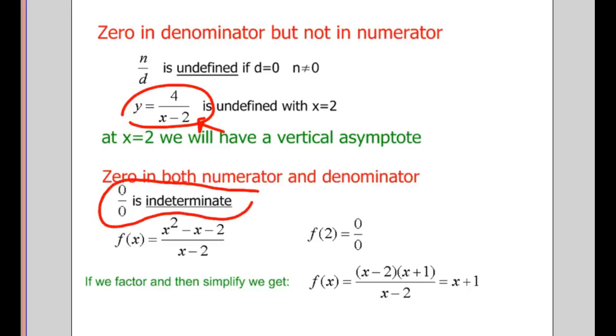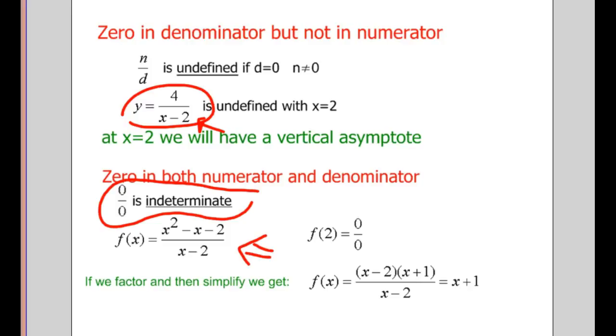We just finished talking about those in Pre-Cal 30 because those are when we had holes. Does anybody remember when we talked about holes instead of vertical asymptotes? That is what an indeterminate is. If we were to factor this equation, it's factored out in the bottom corner of your sheet.